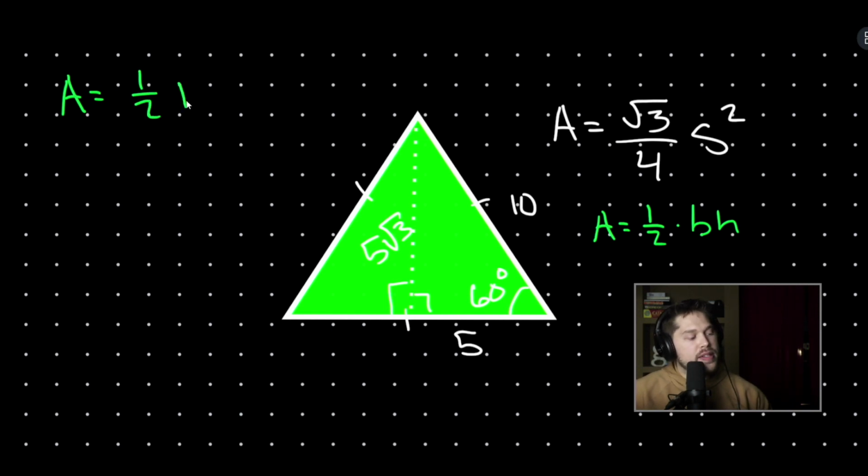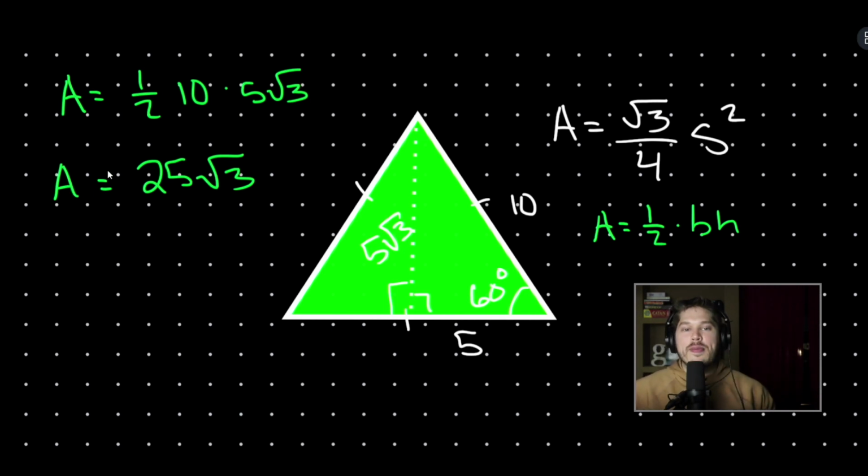We know that our base is 10, and we know that our height is 5 times the square root of 3. All right, so 1/2 times 10 is 5, and 5 times 5 is 25, and we still have our square root of 3. So as you see, it doesn't matter which formula you use, you will get the area.